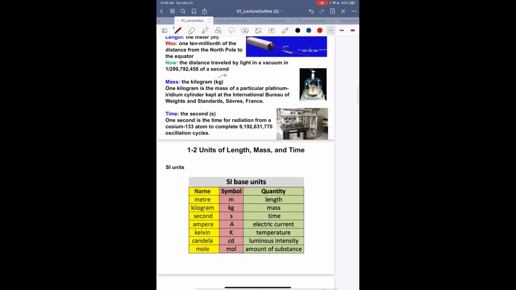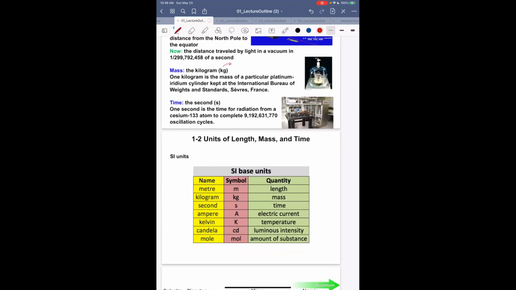Now of course here the meter, okay, the meter here, I don't know why it's wrong. Okay, it's m, the length unit; kilogram, kg, mass; second, s, time.